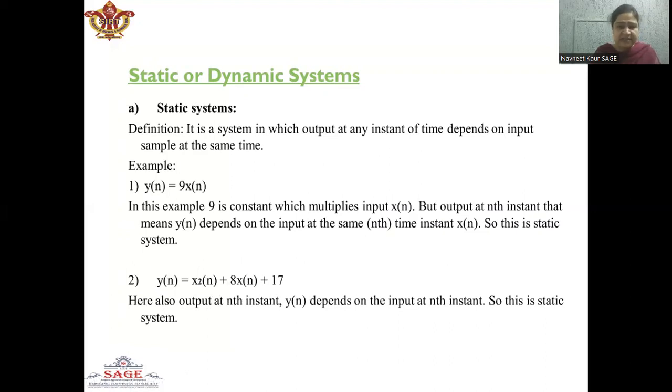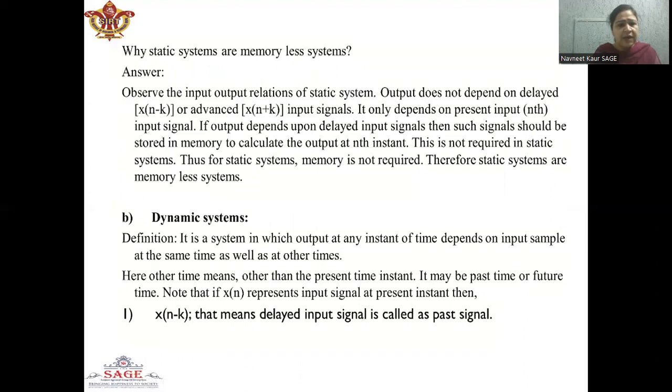Now, a dynamic system is a system in which output at any instant of time depends on the input sample at the same time as well as at past or future times also.